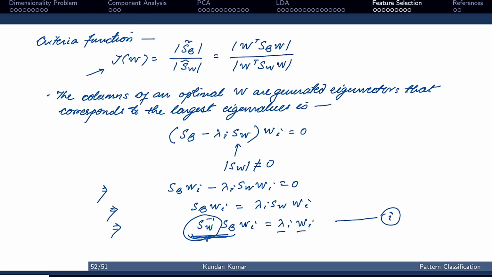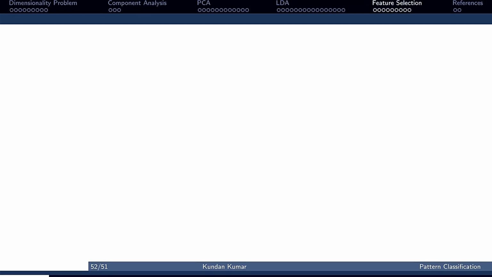So instead of solving the eigenvalue problem, we solve the characteristic polynomial, which is given by determinant of (S_B minus lambda i S_W), which is derived from the previous expression.